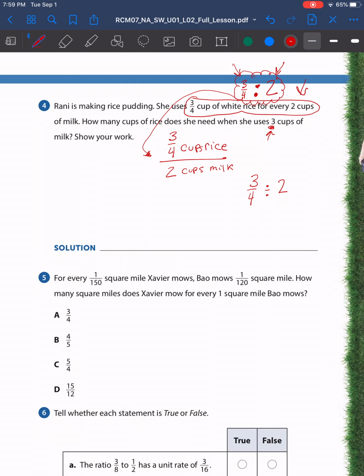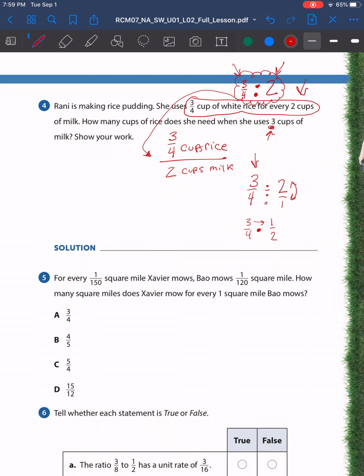Now remember, all whole numbers can be written as a fraction like this. That's what I want us to do this time. Now, how do I divide these fractions? I skip it, I flip it, and I multiply. So I'm going to skip that one, so it's still 3/4. I'm going to flip this, so now it's a half, and now I'm going to multiply.